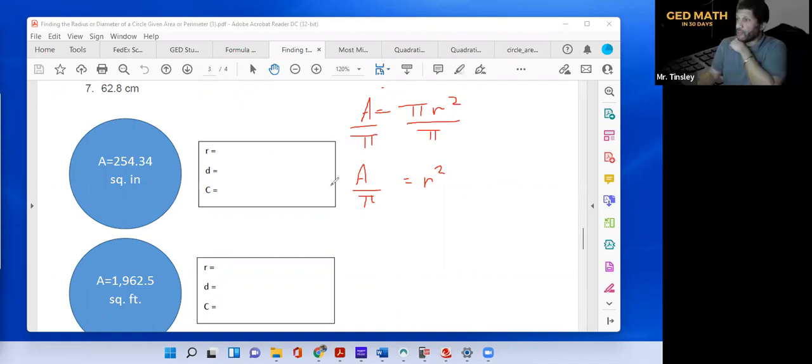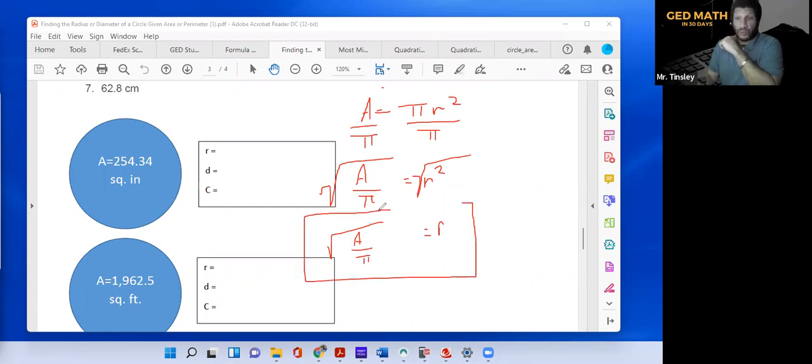So we're going to take the square root. Whatever we do to one side, we do on the other. So the square root of r squared is just r. And then we have the square root of area divided by pi. This is not in any GED manual. You will not see it anywhere. This is the easy way to solve for the radius if you're given the area.